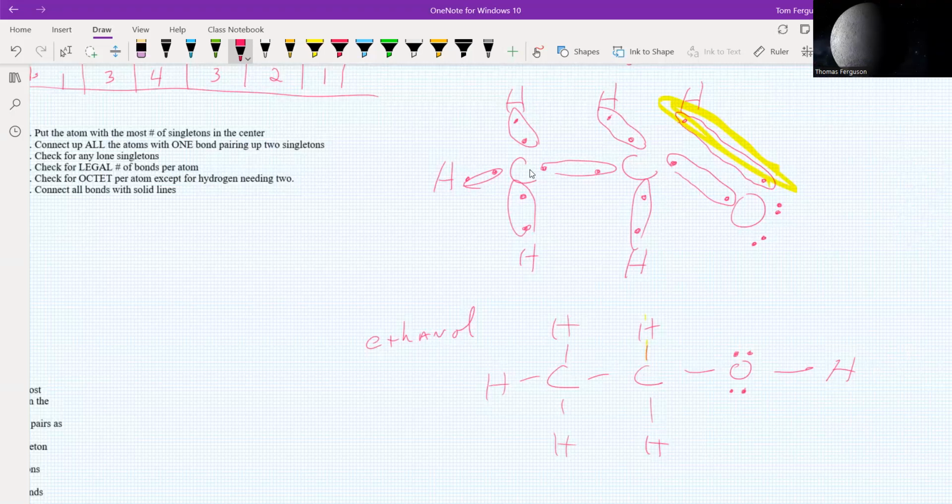Carbohydrates are alcohols, sometimes called polyols. Lots and lots of alcohols in your body, so it's a very common type of molecule. Does everyone see how we got that structure?